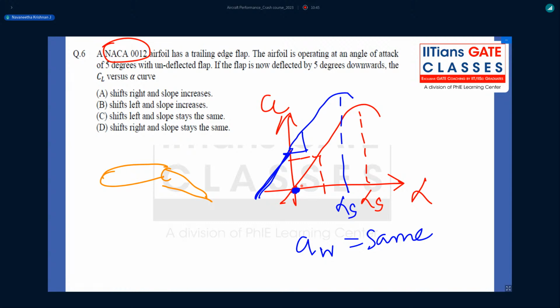When the flap is deflected downward by 5 degrees, what happens? There is a positive lift at zero angle of attack. The curve shifts leftward and the lift curve slope remains same. So option C is the correct answer. Is that clear? Any doubt?